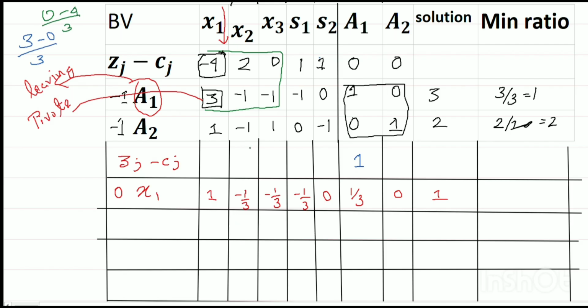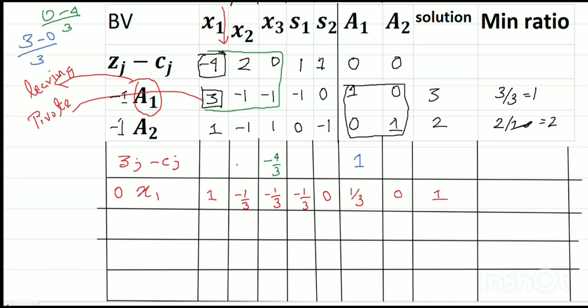So the value is minus 4 by 3. Similarly, another factor is 1 and minus 1. 3 into 0 is 0, and I multiply both. This is minus 4 by 3. No problem.